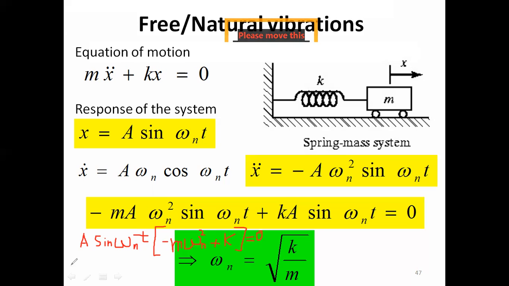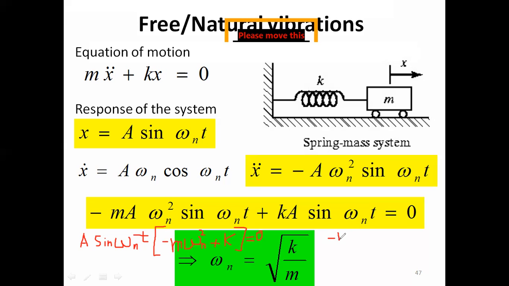It means that the quantity inside the bracket, that is −m ωn² + k, must be equal to 0 at all times during the vibration.